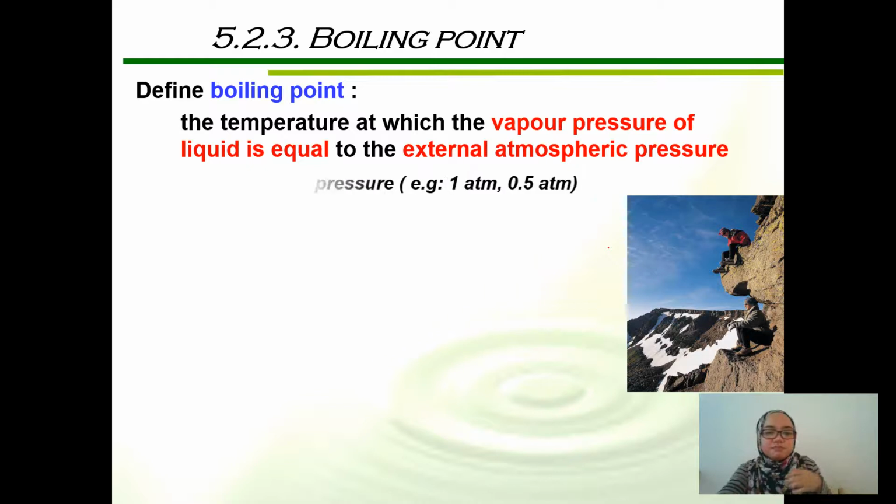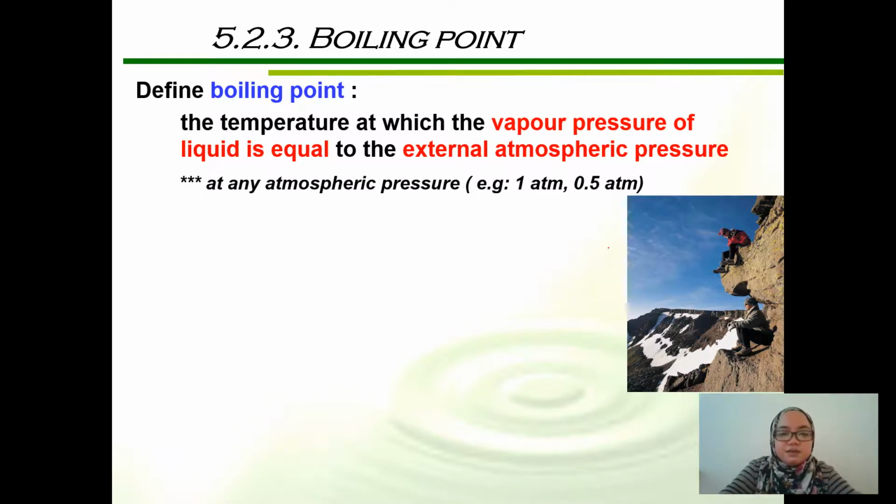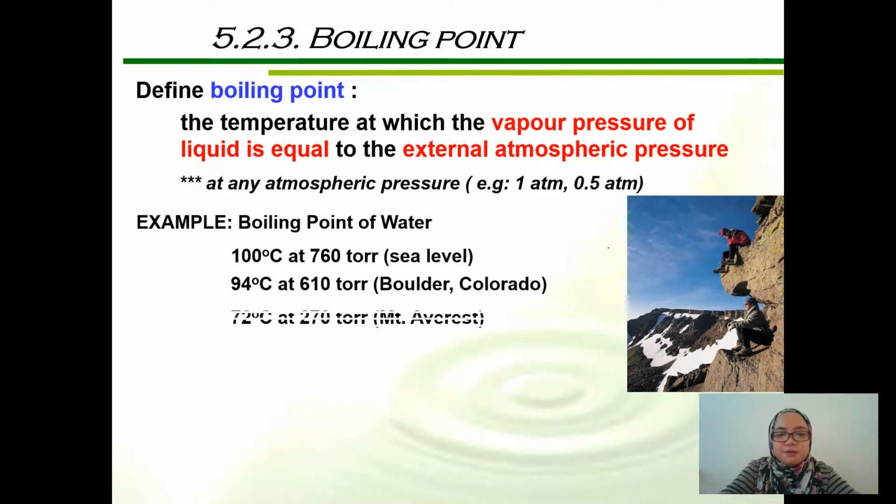Okay. So biasanya ini pressure lah yang dia akan ada boiling point 1 atm, 0.5 atm. So boiling point of water ni the difference at different pressure. Dia ada specific boiling point at the specific pressure.